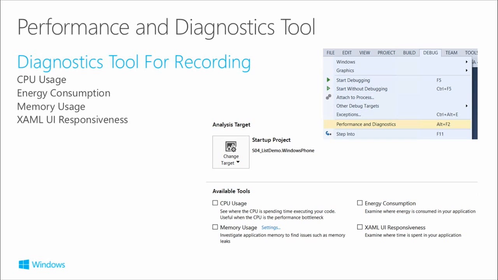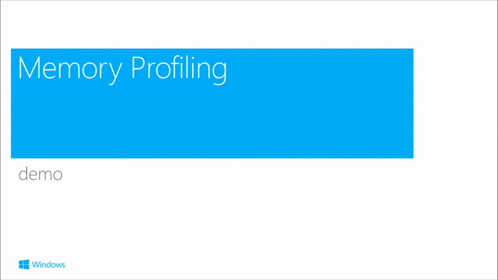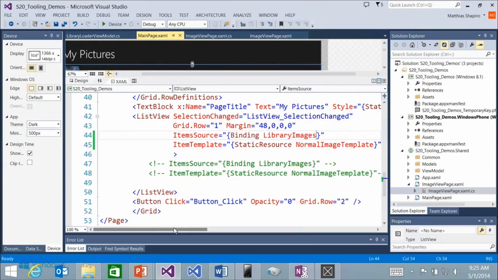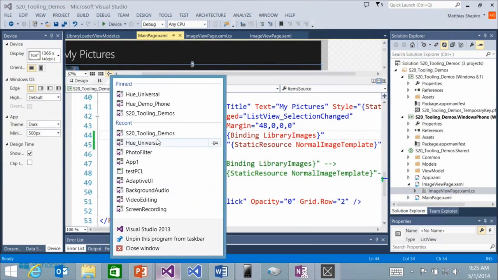Some of them run exclusively, so you can't run CPU usage alongside memory usage. But you could run CPU usage alongside XAML UI responsiveness. And there's really no better way to talk about the diagnostics tool than to just show it. So let's show it.